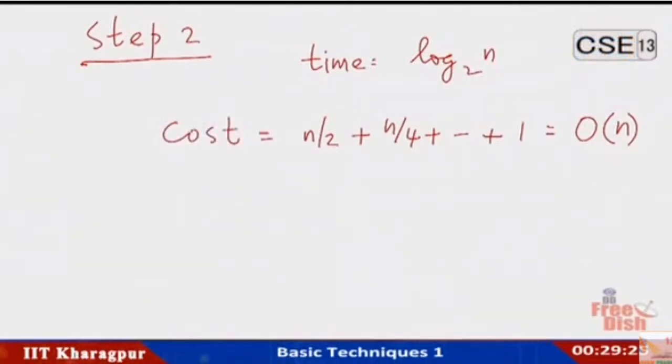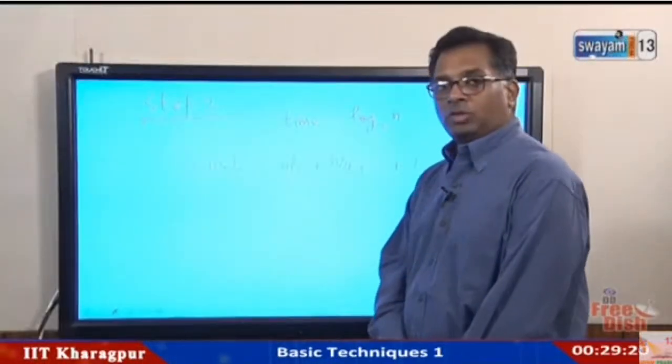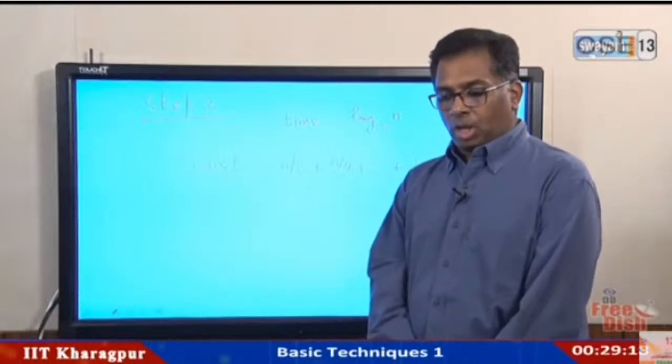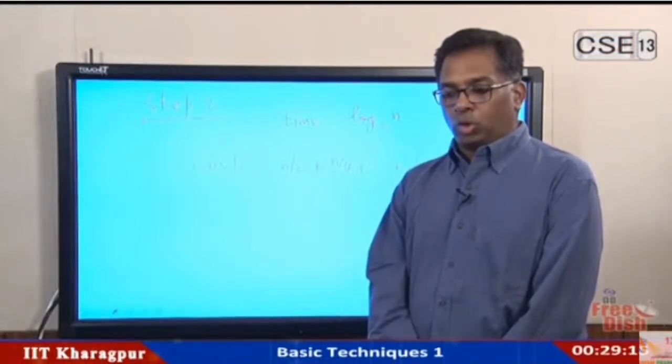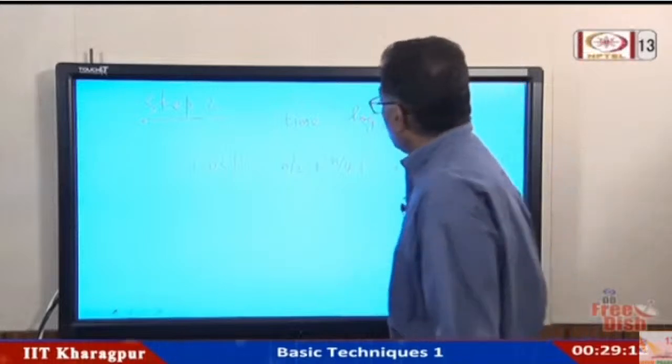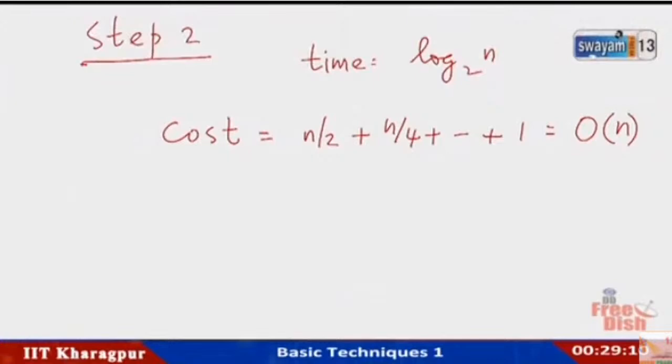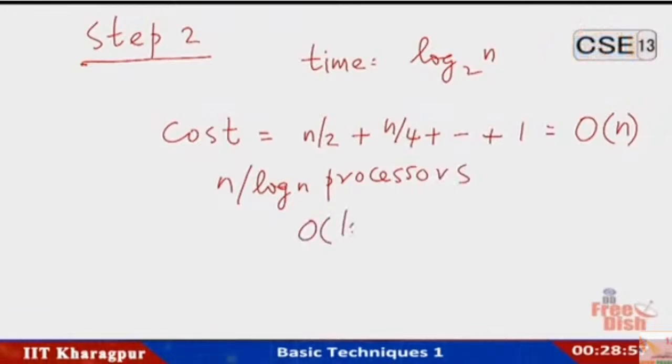So here we have a perfect situation where Brent's scheduling principle can be applied. This is a step that runs in log n steps, and the total cost of all these substeps put together is order n. So by Brent's scheduling principle, if we have n by log n processors, we should be able to solve this step in order of log n time, for a total cost of order of n.